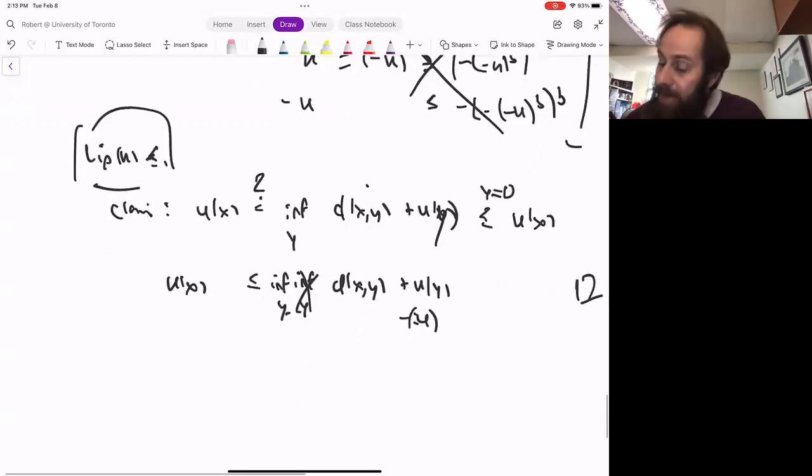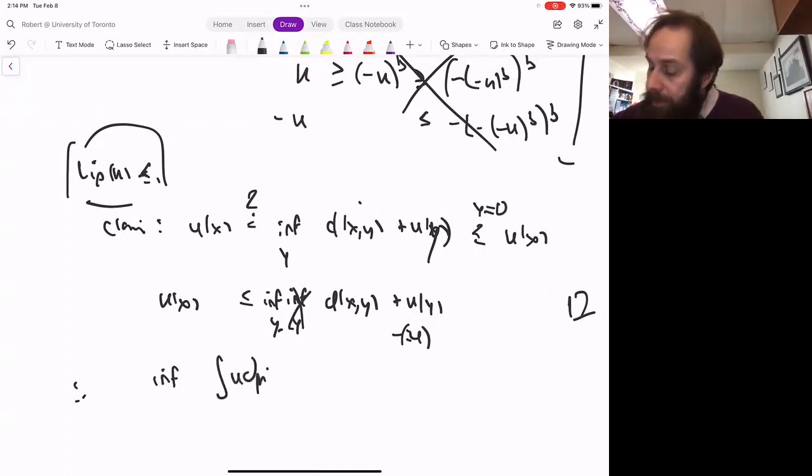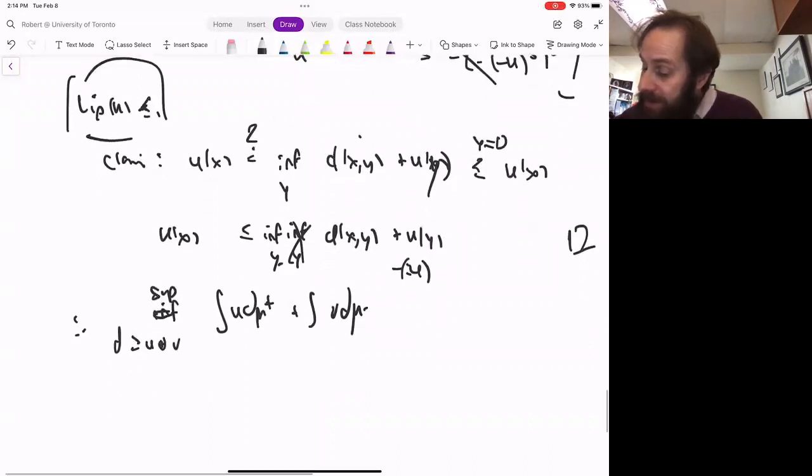So when I now want to maximize the integral of u d mu plus the integral of v d mu minus over u plus v less than d, this is what the calculation shows.